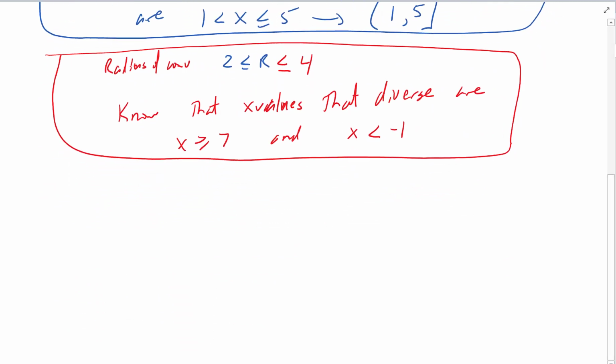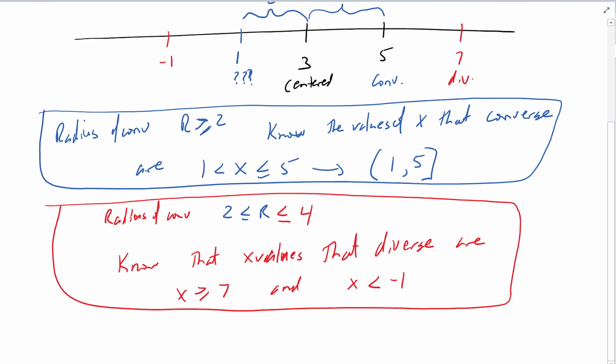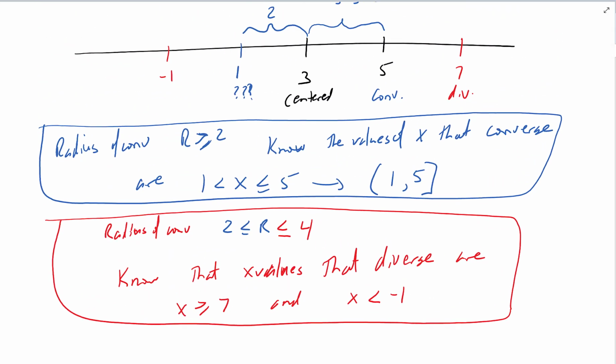Now you're noticing that there's some part of the number line that we don't know. If I look back at this list, this section right here, between 5 and 7, and between 1 and -1, and including 1 and including -1, we don't know. We don't have enough information to say anything about that converging or diverging.